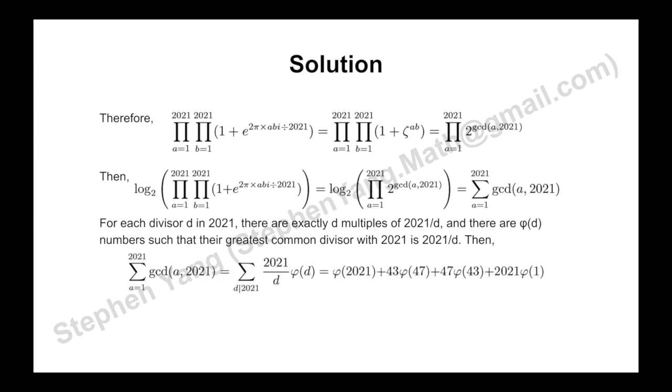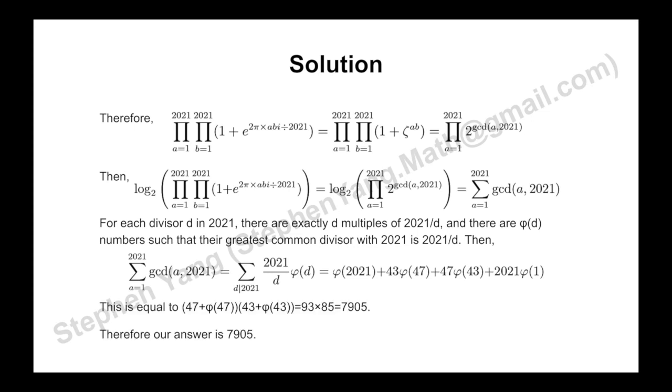Then the sum for a equals 1 to 2021 of GCD of a and 2021 is equal to the sum over d such that d is a divisor of 2021 of 2021 divided by d times phi of d. And that is equal to phi of 2021 plus 43 times phi of 47 plus 47 times phi of 43 plus 2021 times phi of 1.